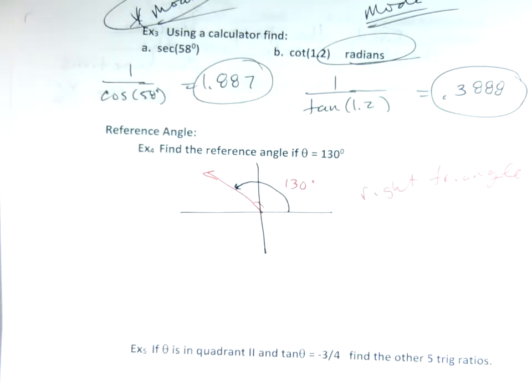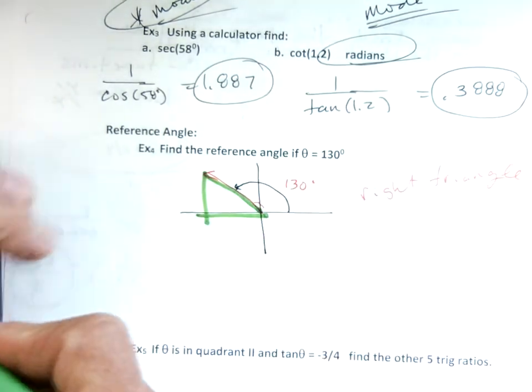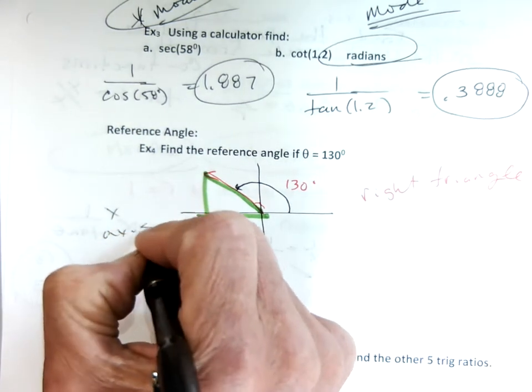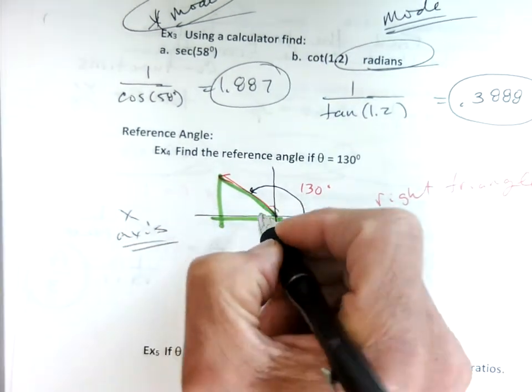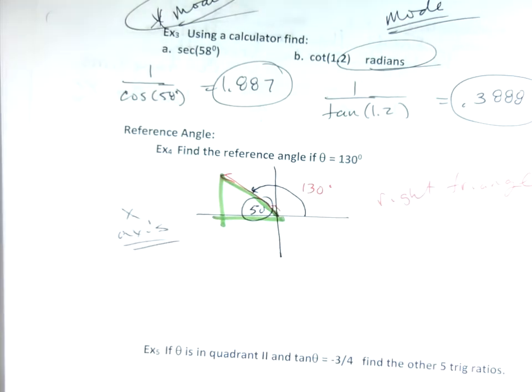So we create a right triangle along the x-axis. Always along the x-axis, so that my angle is 50 degrees. That's my reference angle, okay?